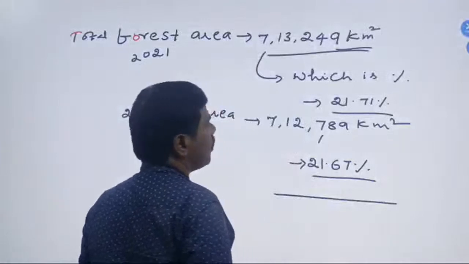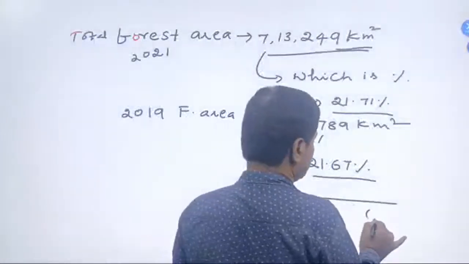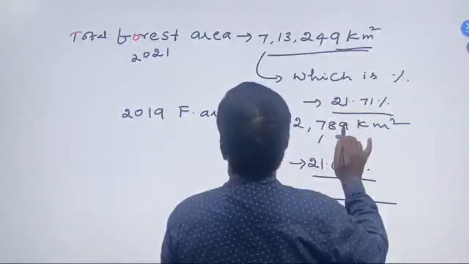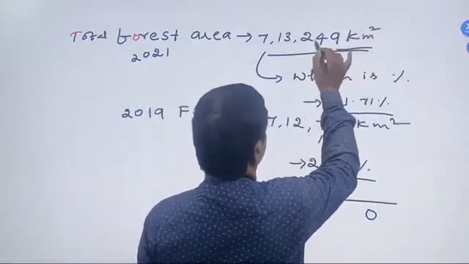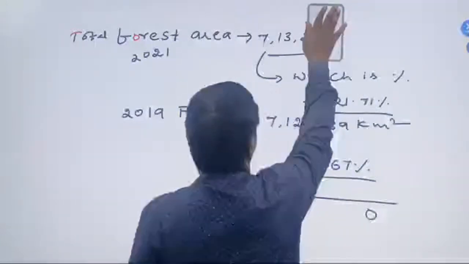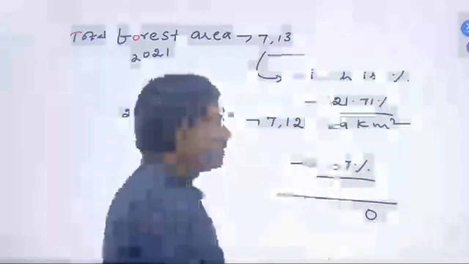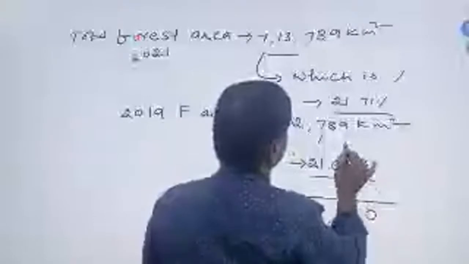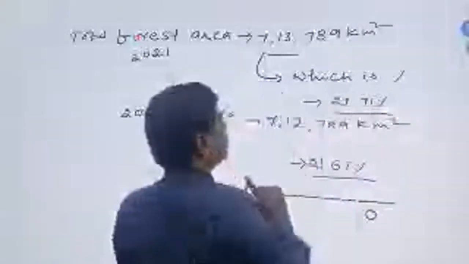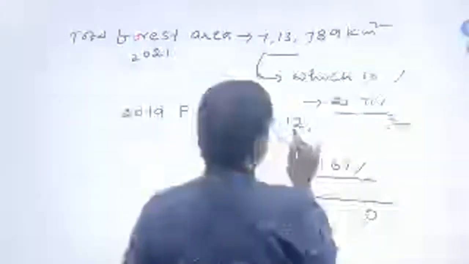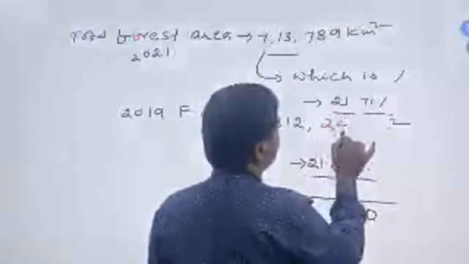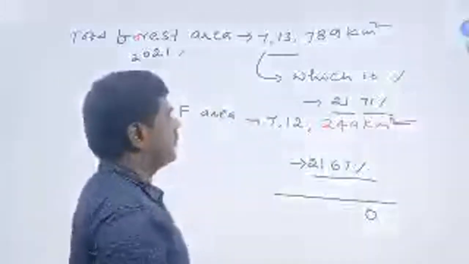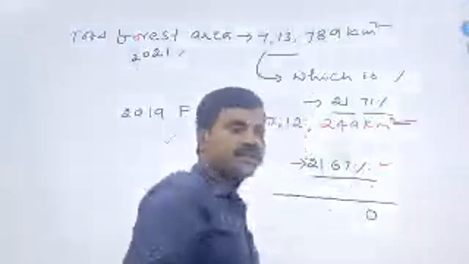So in between 2 years, how much forest area has increased or decreased? It has increased. The 2019 figure was 7,12,249 square kilometers, and this is the 2021 figure, which in percentage is 21.67%.